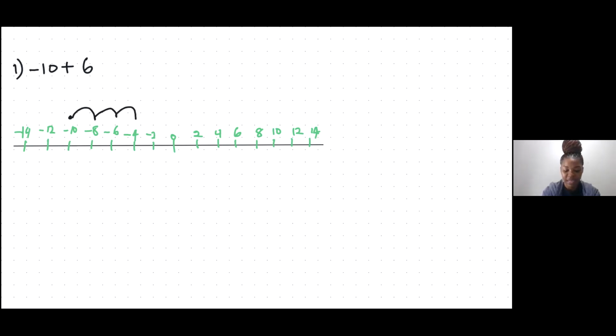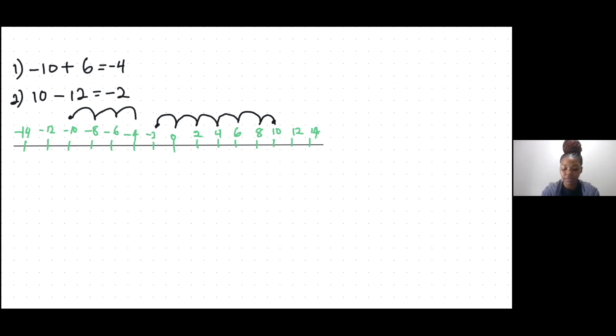What did we get our answer as? -4. And that's our answer. Let's try a second one. Let's do 10 minus 12. So I know I have to start at 10. And it's minusing, so I'm going left. And remember, it's 2. So this is going to be 2, 4, 6, 8, 10, 12. And my answer would be -2.